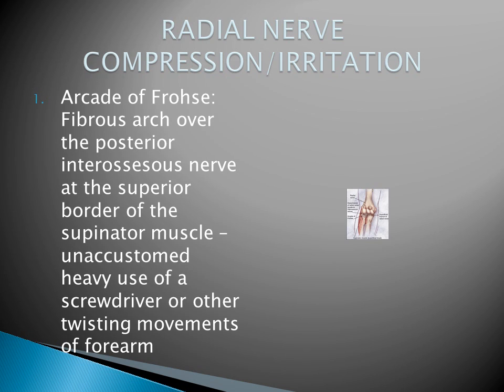It comes just anterior to the lateral epicondyle of the humerus, and then dives down the lateral aspect of the forearm just adjacent to the radial head. And immediately adjacent to the radial head, it divides into two branches. One is the posterior interosseous nerve, and then the second is the superficial branch.